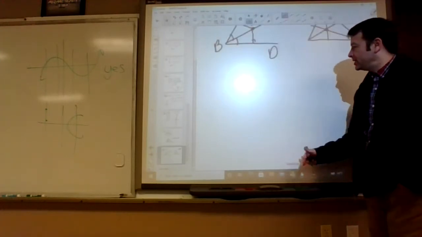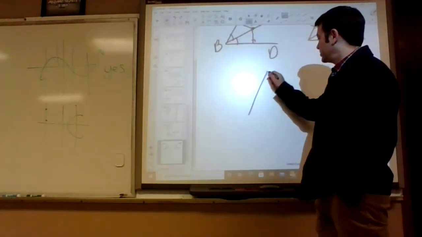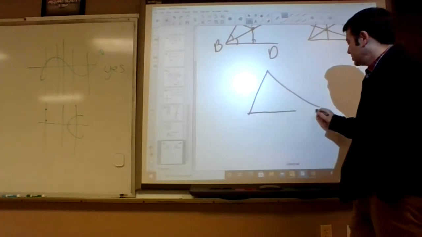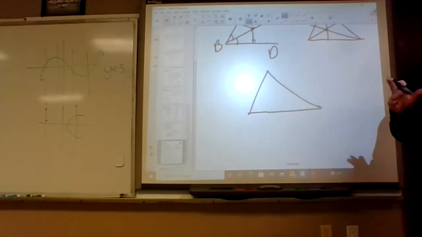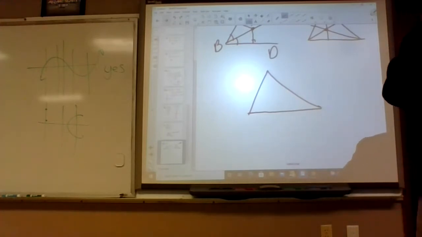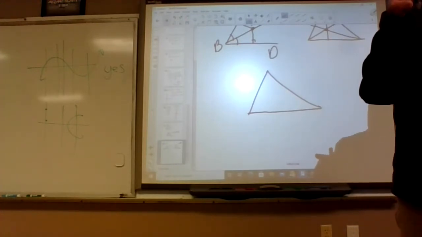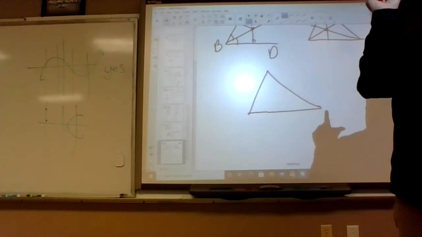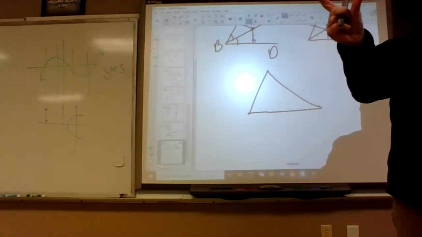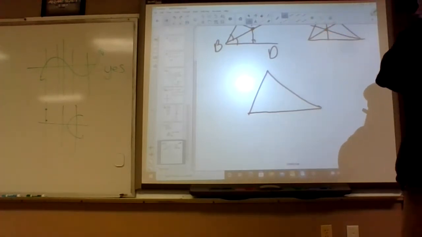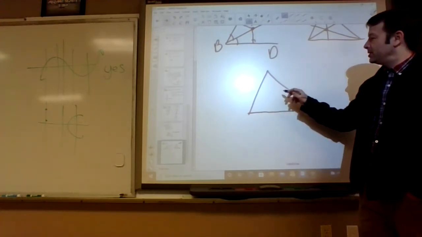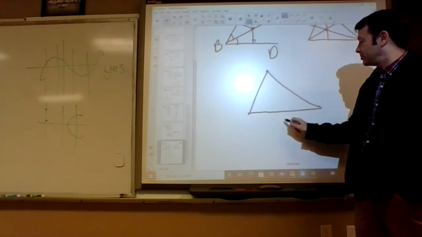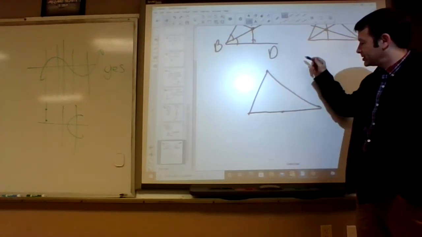All right, so that's one. The other one is a new thing. It's called medians. What does median mean in normal life? Like something divided. Like a median on a highway is a what? That middle part that's kind of like a ditch or something, like from here to Tulsa. So a median goes from a vertex to the middle of the opposite side.